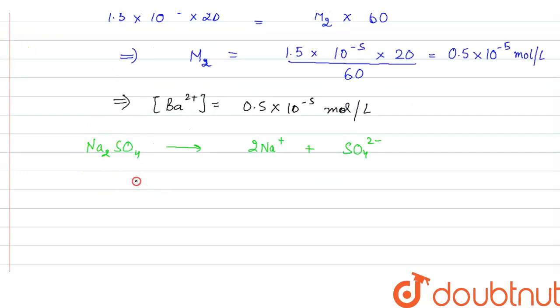So here also we apply dilution law. M1 V1 is equal to M2 V2. So M1 V1 is the molarity and volume before mixing, and M2 V2 is the after mixing.